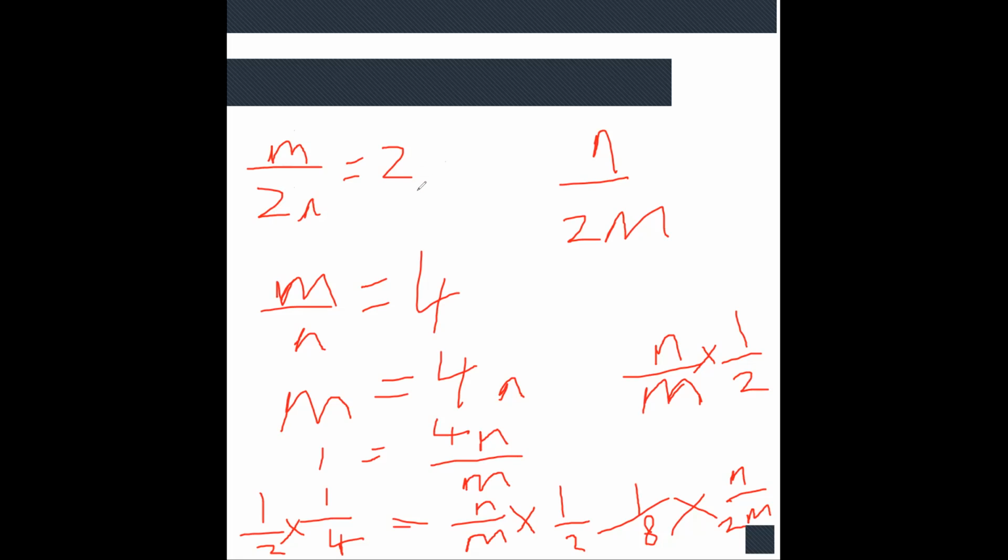right? Because that would mean it would be 2 divided by 2, and that would not give you 2, that would give you 1. So your premise is wrong.